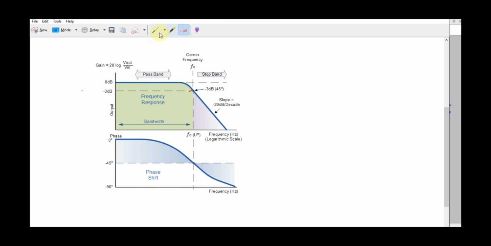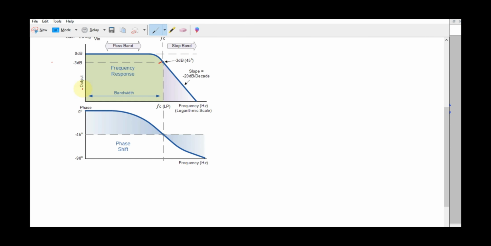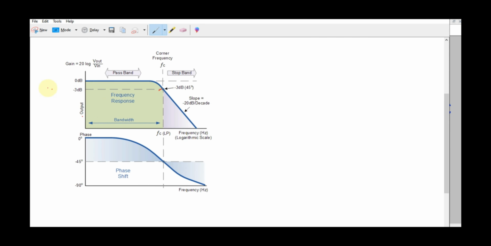As you can see here, this is a Bode plot of an RC low pass filter, and there are two plots. One is the plot between gain and frequency, called the magnitude plot, and the second is the plot between phase and frequency, called the phase plot.